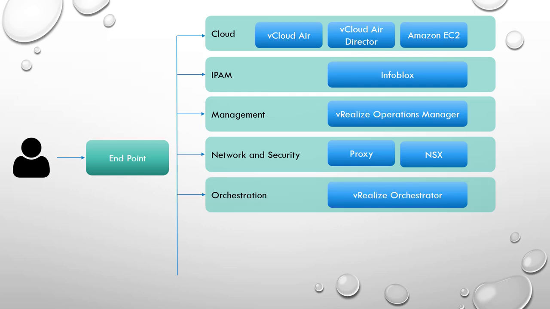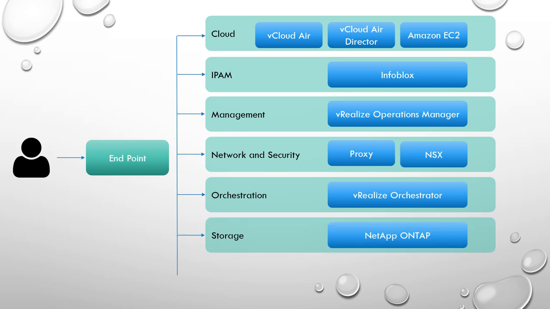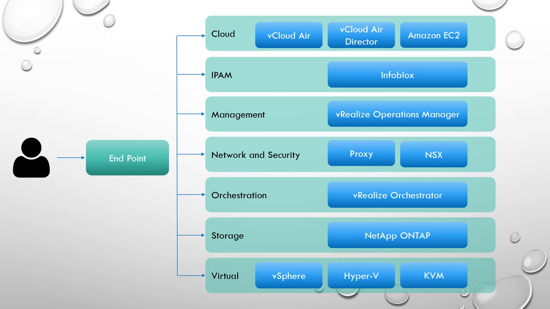Then we have the orchestration category. This category contains the vRealize Orchestrator endpoint only. Next up is the storage category. This will have the NetApp ONTAP endpoint. Then we have the virtual category, which contains the vSphere, Hyper-V, that is your SCVMM, and KVM, RHEV endpoints.